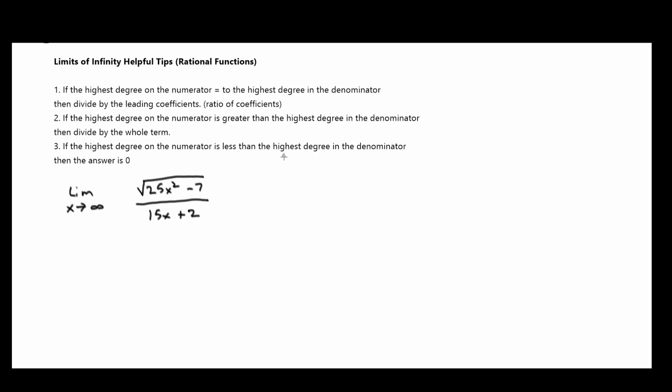Very similar to the last problem. Once again, you don't have to account for this finite value here. We just need to get the square root of this, which turns into 5x, and then we have that over 15x plus 2. Since these degrees match, we get a final value of 1 over 3. Since our infinity sign is positive, it remains positive.